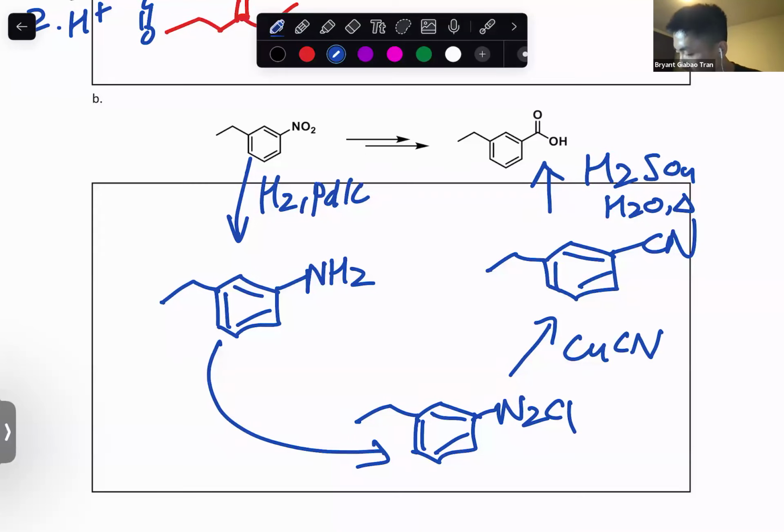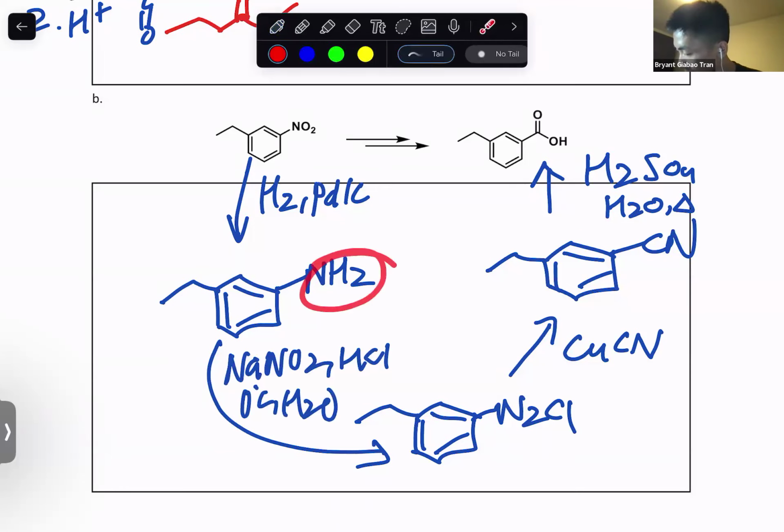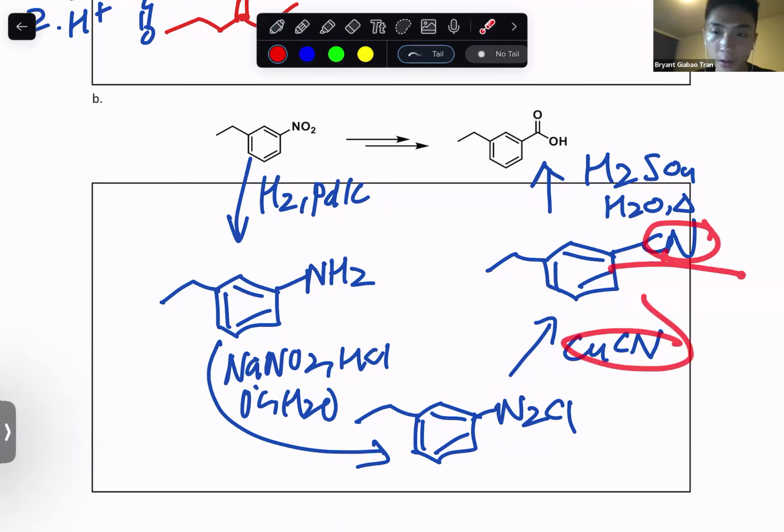To create that N2 from NH2, we use NaNO2, HCl, 0 degrees Celsius, water. That would convert this NH2 to N2 plus or N2Cl. From this diazonium salt we could do a whole bunch of reactions. We could do CuX, where X could be CN, Br, anything you want to add. In this case, to add a nitrile, we do CuCN. Then once we have the nitrile, we hydrolyze it into the carboxylic acid.